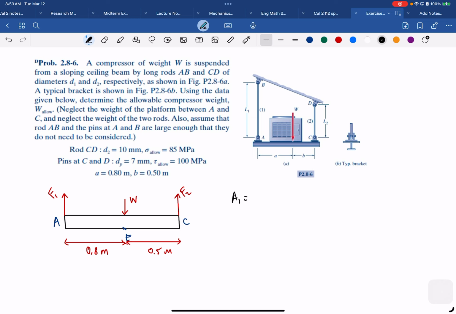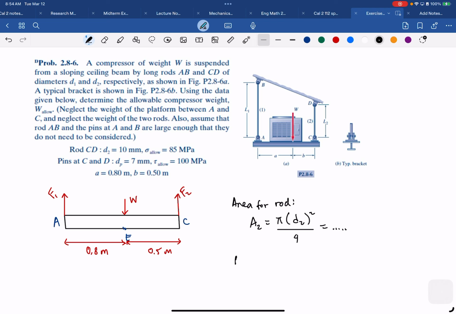So maybe area for rod. They are considering the same diameter, so let me just write A2 first. A2 is pi D2 squared over 4, right, and you get some number.